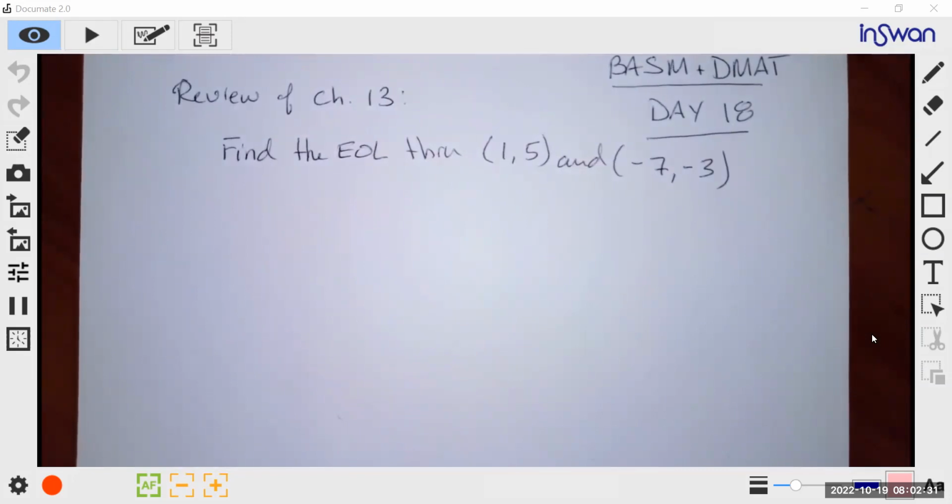Yes, you're right. Okay, here's the equation of the line going through the points 1, 5, -7, -3.